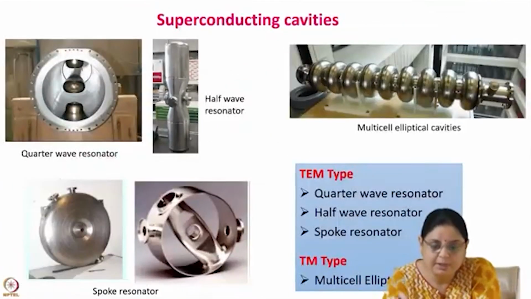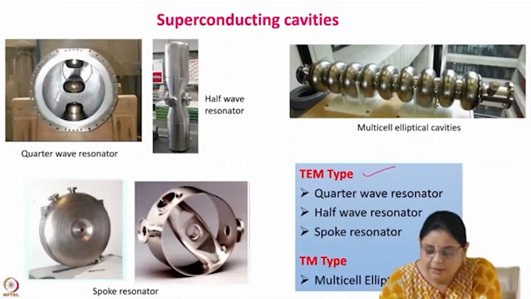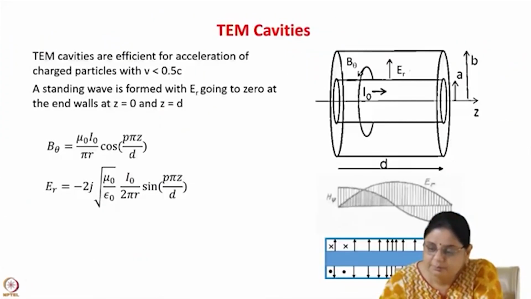Different types of superconducting cavities are used. Superconducting cavities are of TEM type and TM type. Now we have studied so far that the TEM mode does not exist in a superconducting cavity. However, if you put an inner conductor into the superconducting cavity, then it is possible to generate a TEM type of mode.